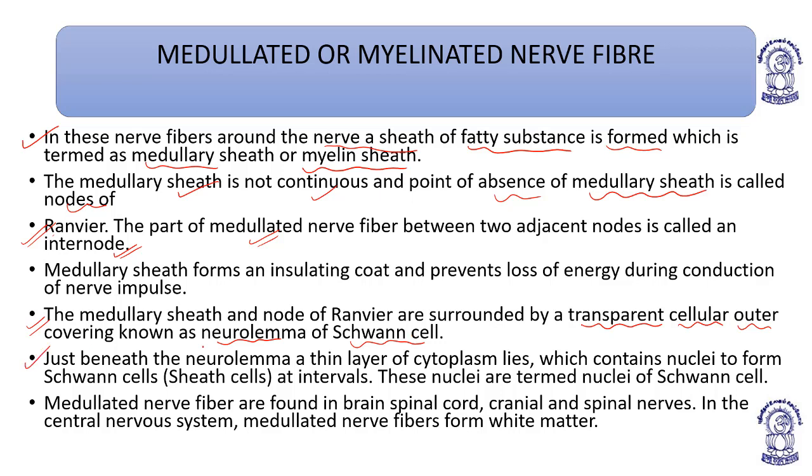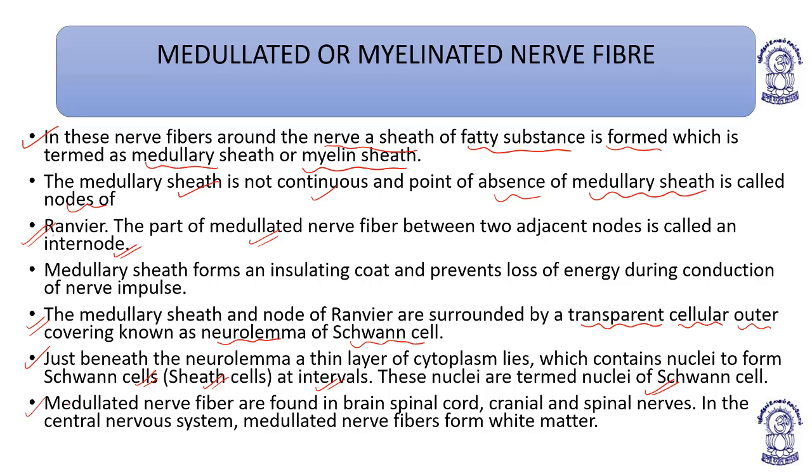Just beneath the neurolemma, a thin layer of cytoplasm lies which contains nuclei, forming the Schwann cells or sheath cells at intervals. These nuclei are termed nuclei of Schwann cells. They help in the formation or secretion of proteins or fatty substances, which help in making a cover around the axon.